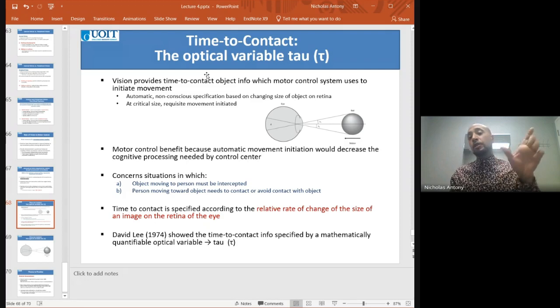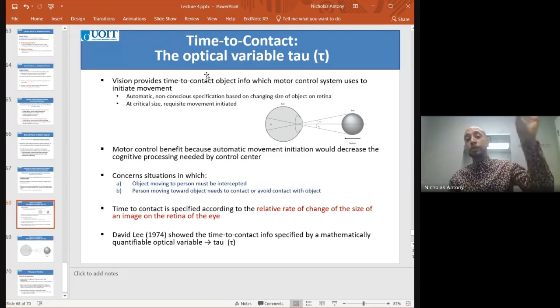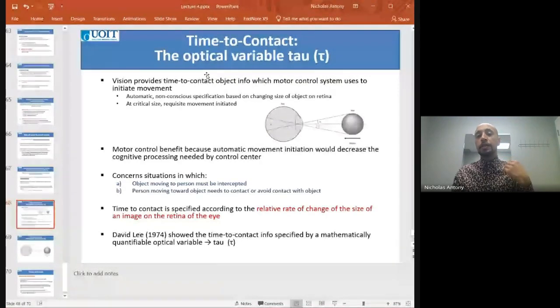What about when I'm catching a ball, for example? When the ball's coming, I'll look at the ball at the last minute because it tells me the timing to reach out and grab it. So the last little bit about this lecture is just that we time our movements based on this time to contact concept that we develop using our eyes, obviously.